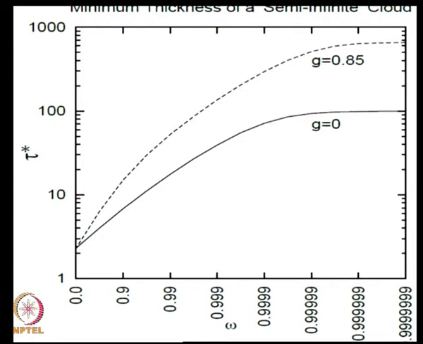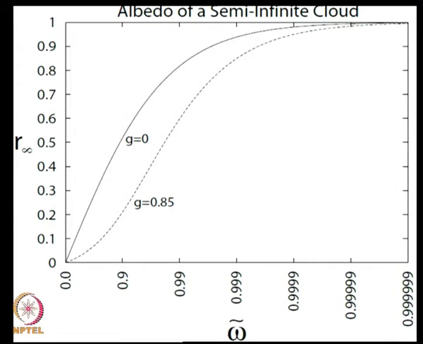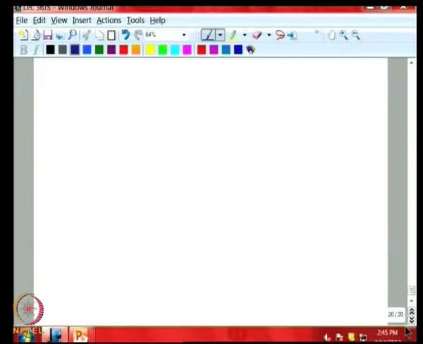So, with this we conclude the discussion on the use of simple scattering models to estimate the albedo of a cloud of particles as a function of the single scattering albedo and assumption about the asymmetry parameter.